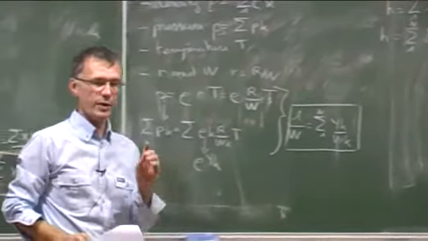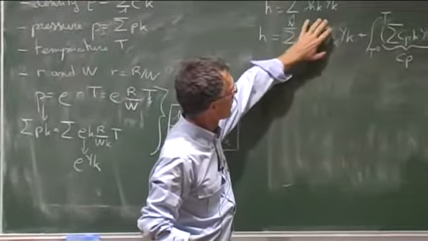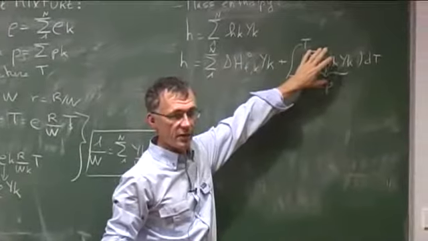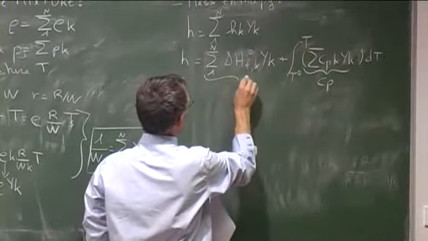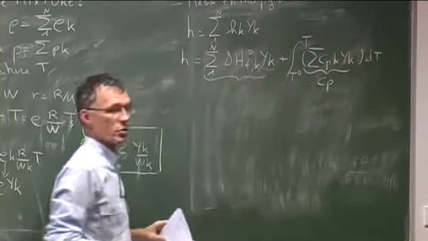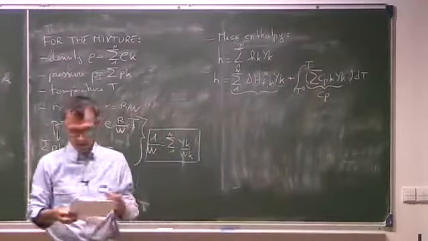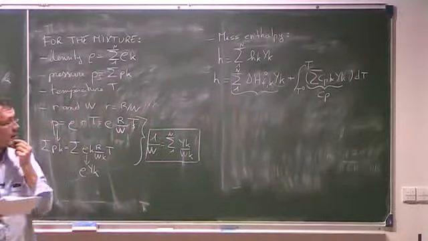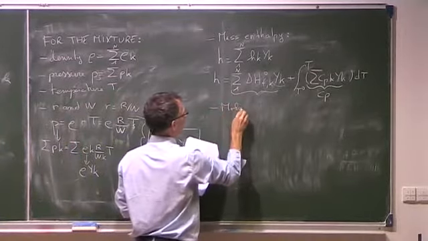So you want to be careful here. When we had only one species, we had only formation enthalpy plus sensible enthalpy. Now we have an expression where this thing depends on Yk for the mixture. And here we have an average Cp for the mixture. This is for the mass. We can do the same thing for the molar enthalpy.